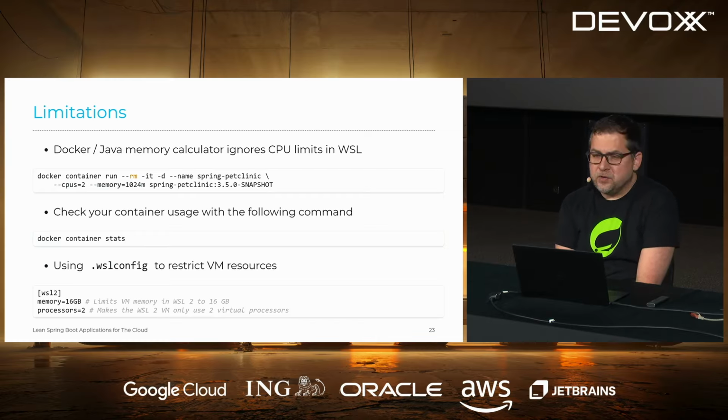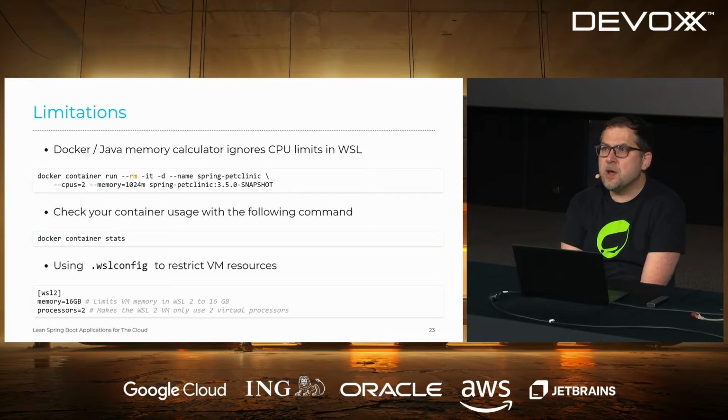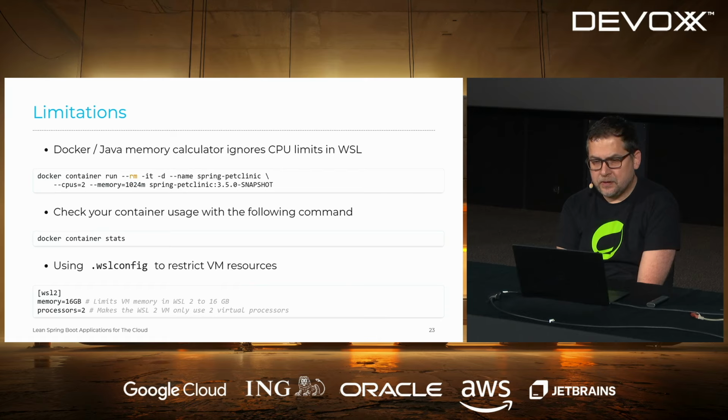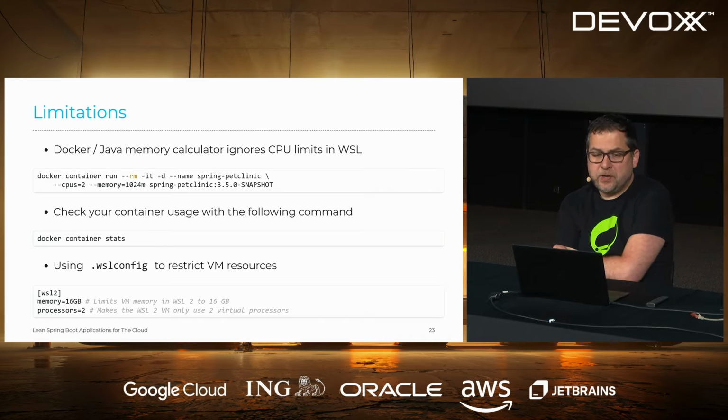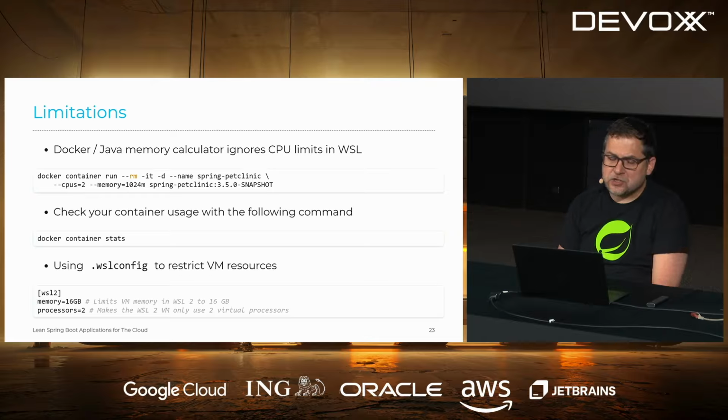So there, usually it did not work. And if I wanted to do it locally, I had to restrict my WSL to a certain amount of CPU and memory, as you can see at the bottom. Right, and you will see that actually these parameters were ignored because I used Docker container stats to see how much resources were used. So this was one challenge I faced.